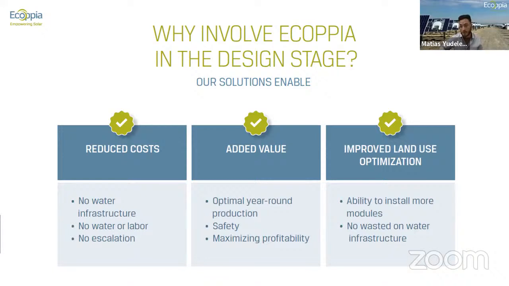And of course, something else that I mentioned before, real estate is an ever decreasing commodity. Therefore, it's very important to be able to optimize the land use, and by implementing an auto-managed solution, we can allocate that real estate in a more efficient way.